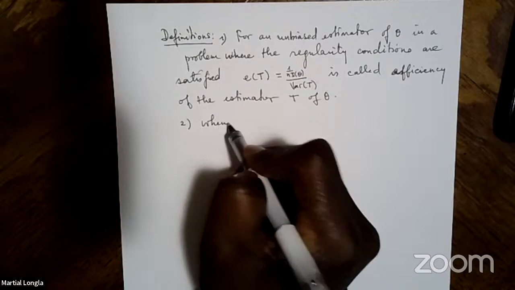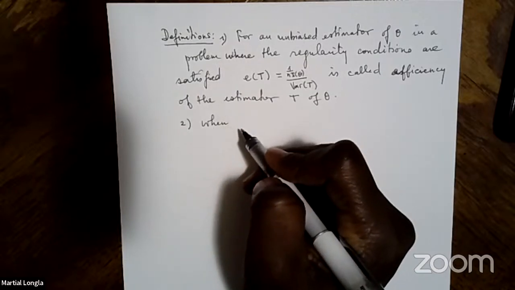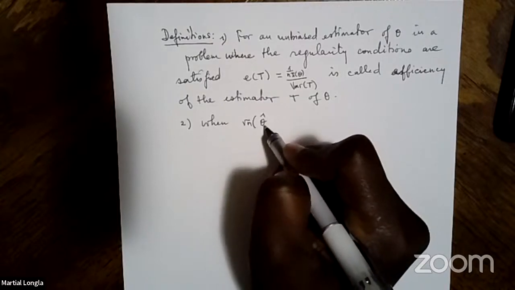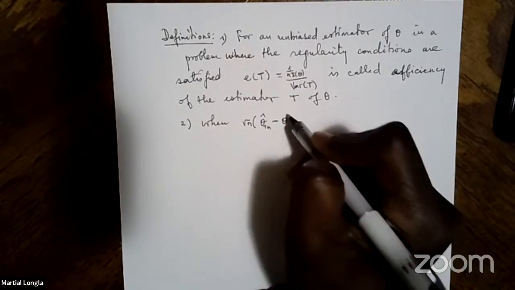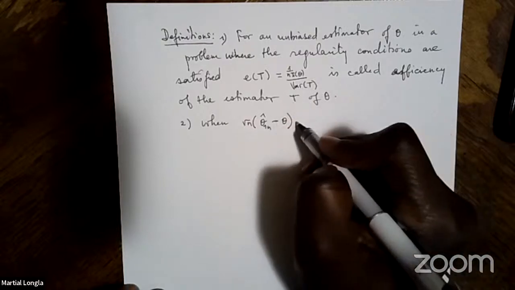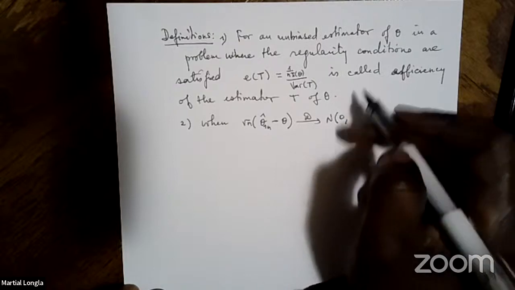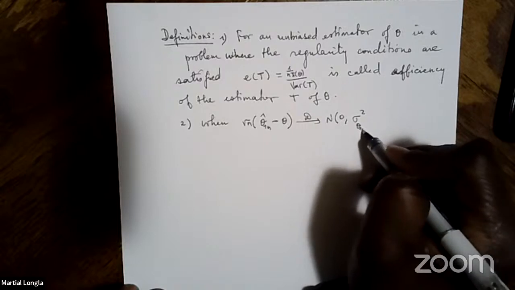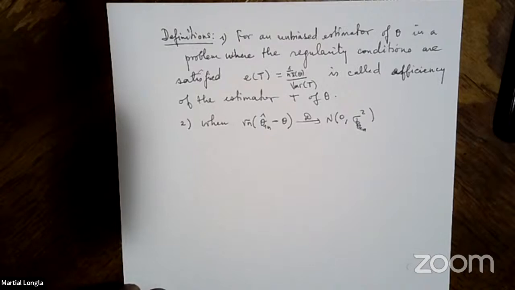Next, when you have an estimator theta hat 1n such that theta hat 1n minus theta times root n converges in distribution to a normal with mean 0 and variance sigma squared of theta hat 1n. This is a constant, though you can see n on it.